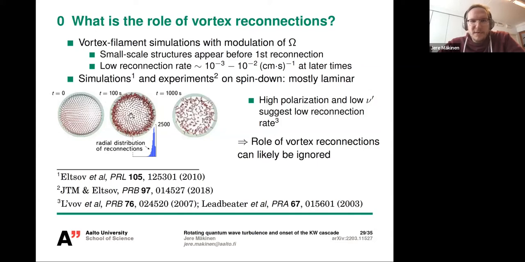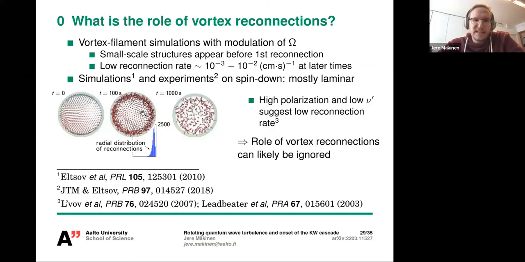Here you can see an example from those simulations where you indeed do get some reconnections, but they are first of all concentrated really close to the boundaries of the container, and the overall behavior is still laminar.